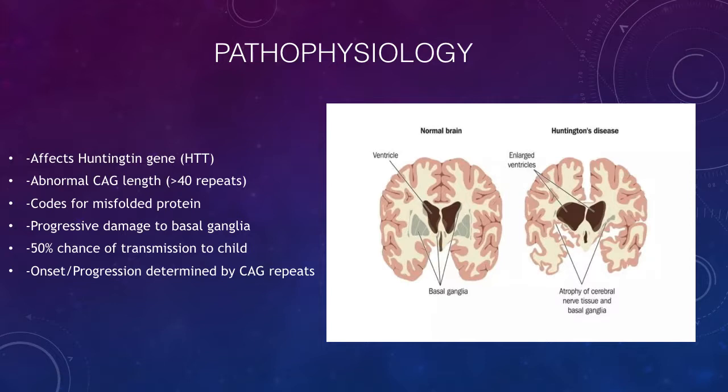But with someone with the disease, the CAG has repeated 40 or more times. Basically, this causes the gene to code for abnormal HTT protein. So the protein is misfolded and it can cause neurotoxic effects, and it can progressively damage brain tissue.